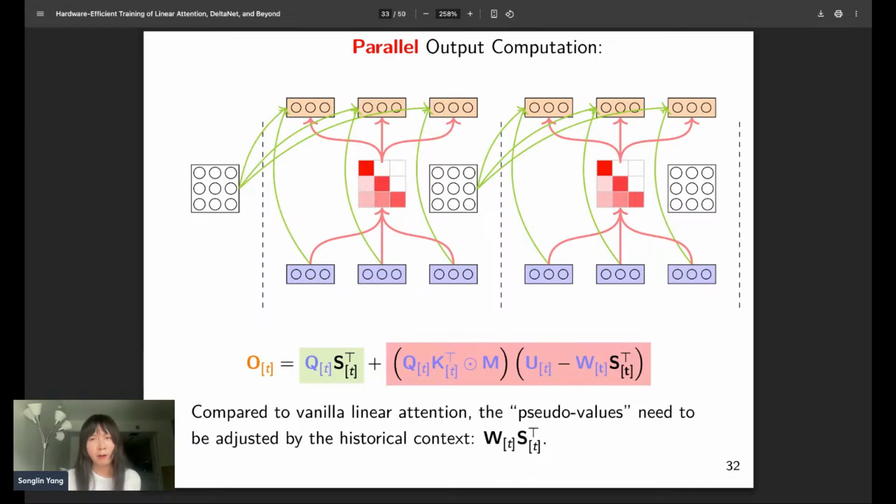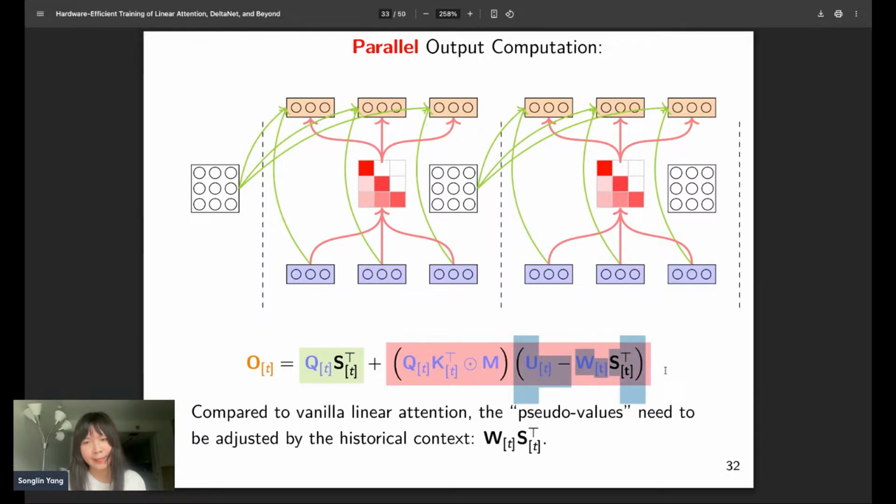The parallel output computation is very similar to the linear attention case, except that we need to consider the influence from the previous hidden state, because in DeltaNet the input value is influenced by the previous hidden state. We use another matrix multiplication to address the input value matrix.